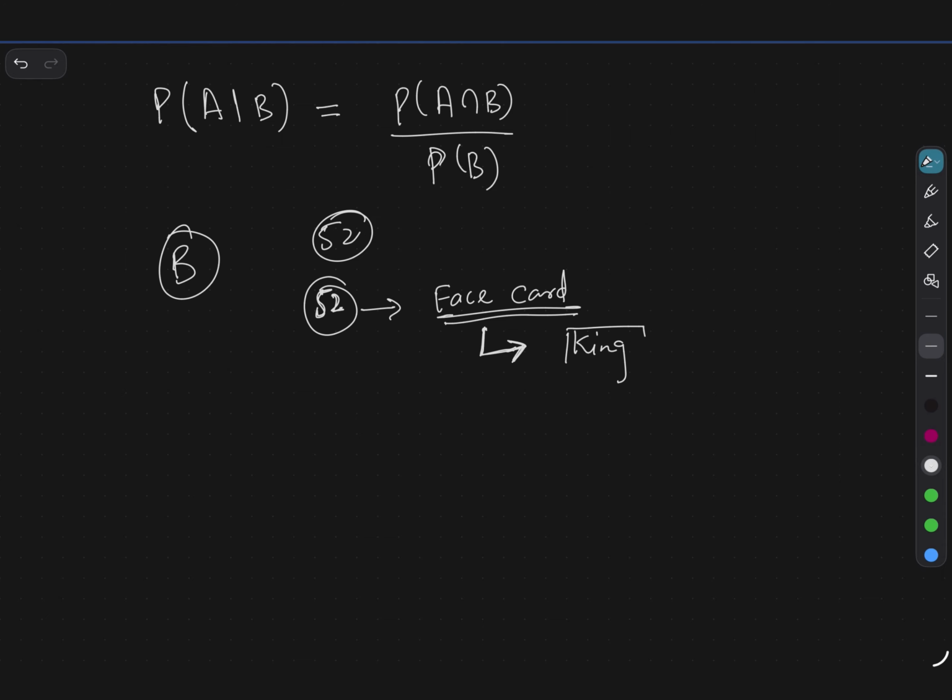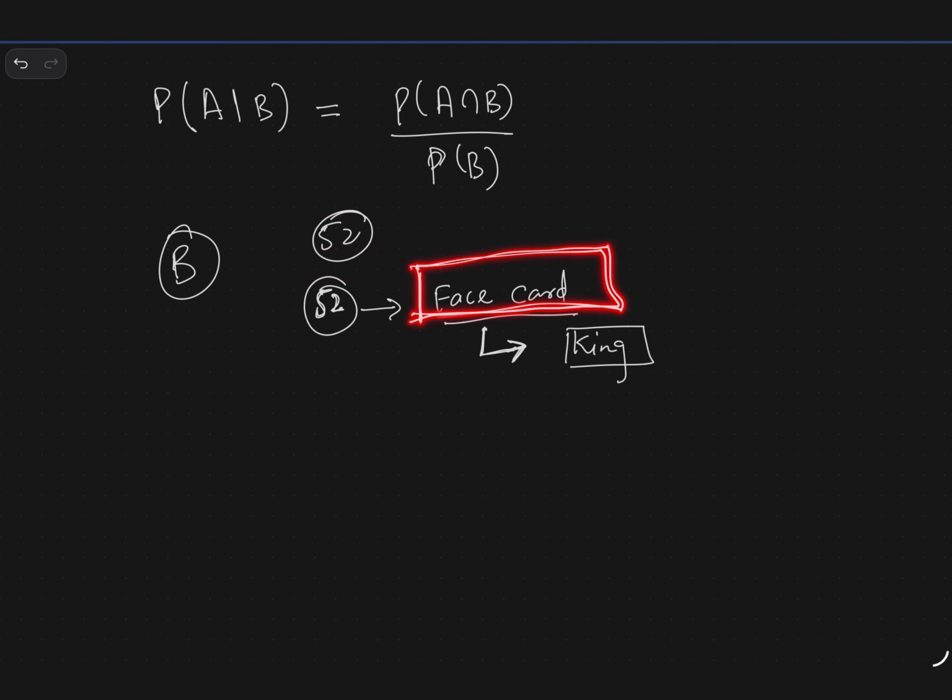That means we no longer have to look at all the 52 cards. We know that there are only 12 face cards in a deck of 52 cards. That's why our sample space has shrunk to 12, and we have 4 kings among the 12 face cards. Then the probability of getting a king given that the card we drew was a face card is equal to 4 over 12.